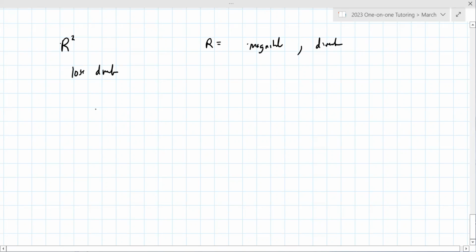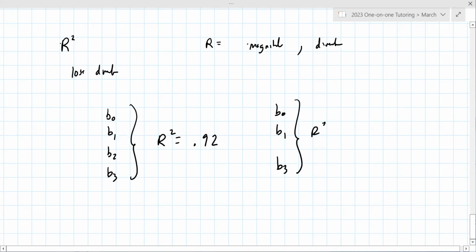Okay. I was going to go another direction, which was to also emphasize that when you're doing multiple linear regression, let's say you have a B0, B1, B2, and B3, and you find out your R squared is like 0.92, which is pretty good. If you eliminate, let's say you realize B2 isn't needed, your R squared may end up being the same, because B2 doesn't contribute significantly to it.